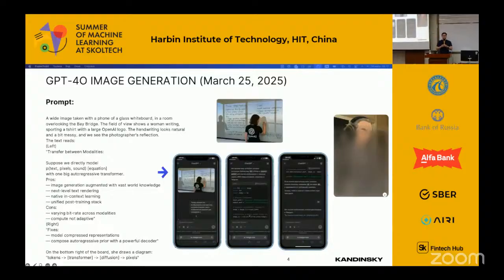Raise your hands, please, who tried this model. Here you see some pictures generated by this model, and you may see a really huge prompt on the left of the slide, and the generated image for this prompt at the top center of the slide.